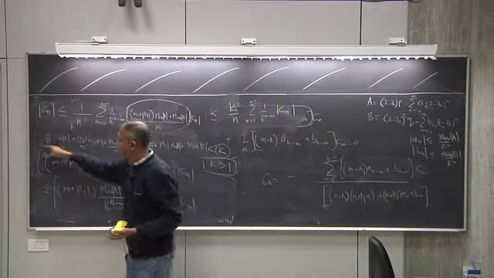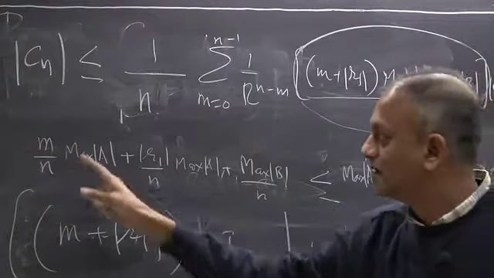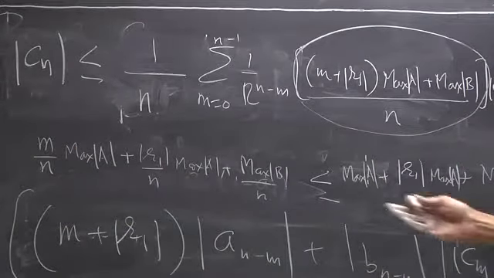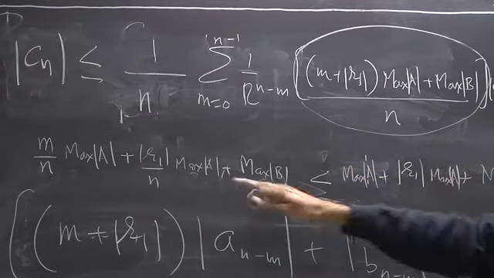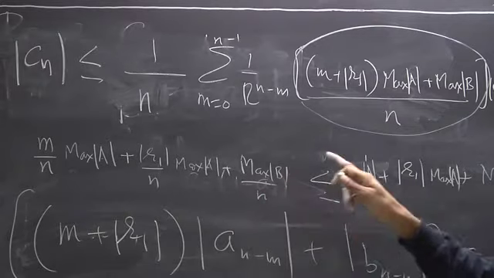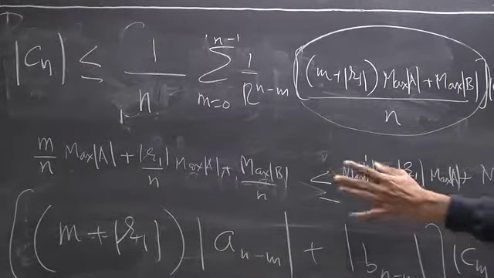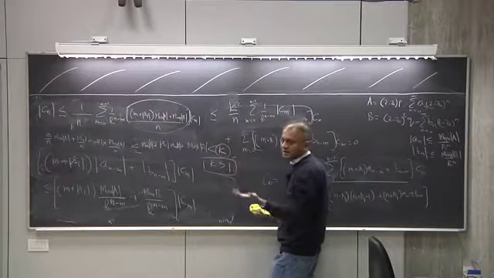Nevertheless, whatever it is, this is some number which is less than 1. Basically, for large n, the upper bound is simply max A, because these things go to 0 for large n. But it's enough to say that it is bounded, and therefore I can always say that this is less than some number kappa, which is greater than 1.